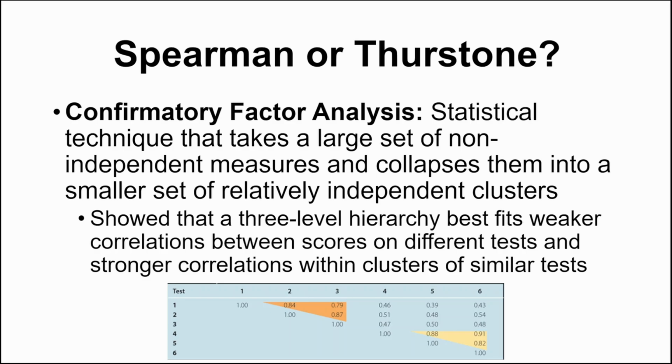And then Spearman says that we need our G, our general intelligence score, as well as our specific ability scores for individual skills and tasks. And the question becomes, which one is more correct, or which one is most useful? Because we're testing some existing ideas, we're calling it confirmatory factor analysis. We're trying to confirm which model is going to work best.